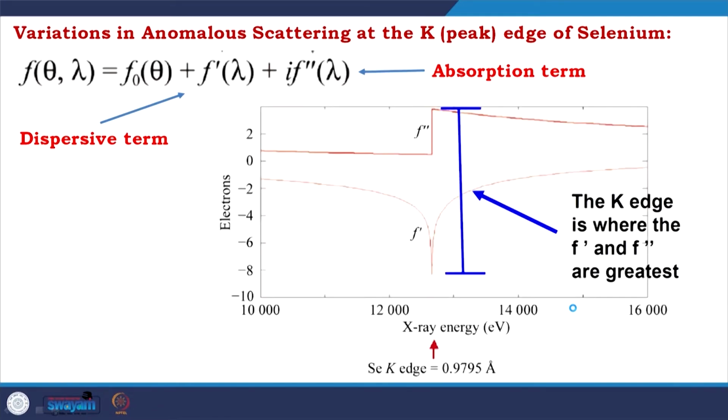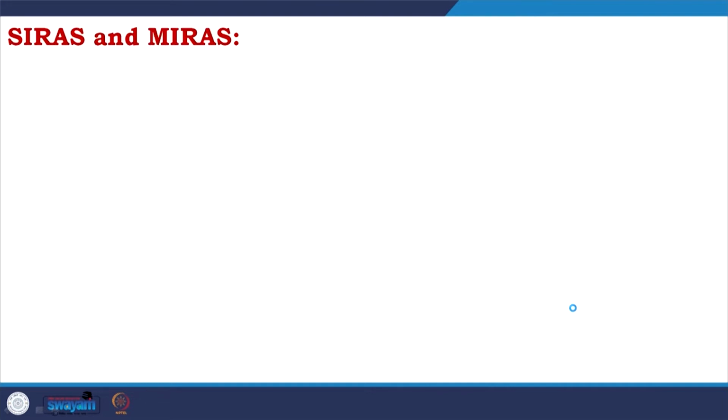If you see here, the K edge is where f' and f'' are greatest. For selenium, the K edge is 0.9795 angstrom.